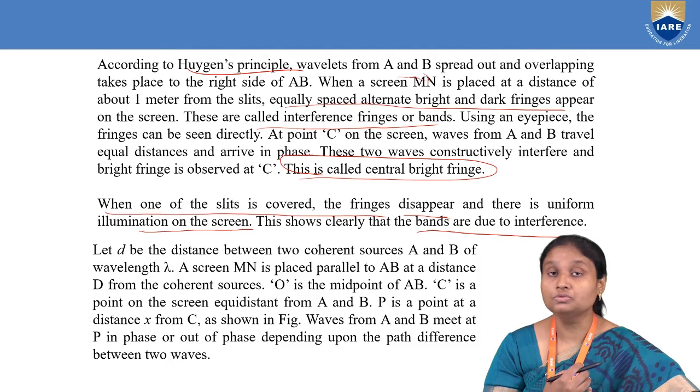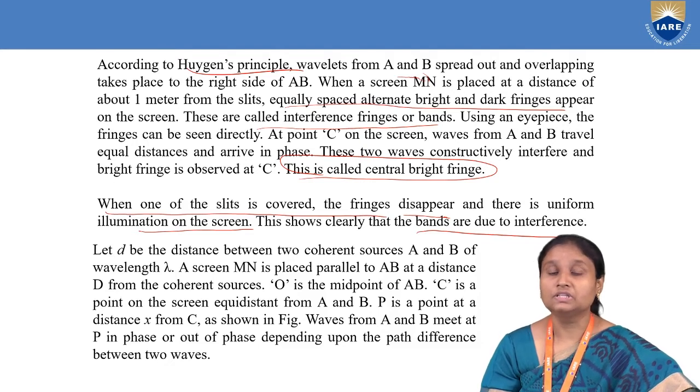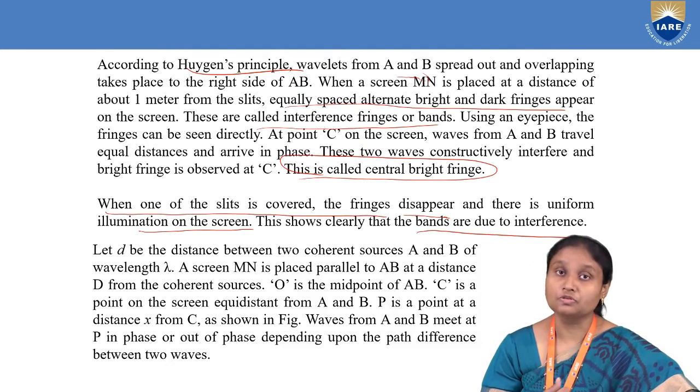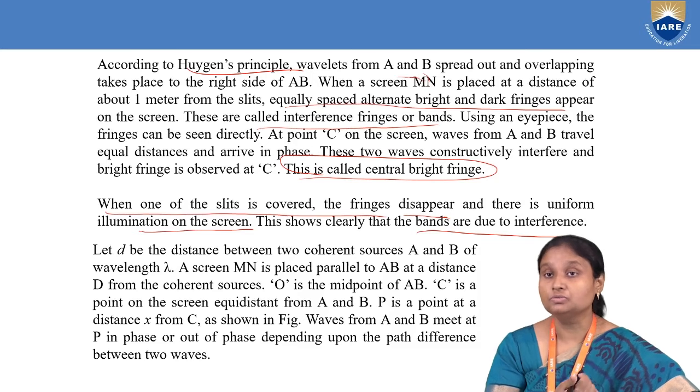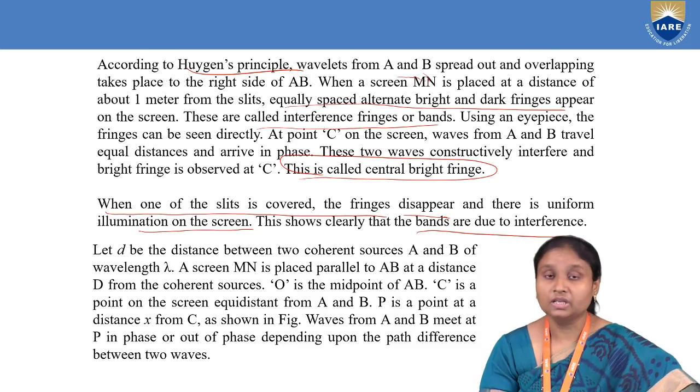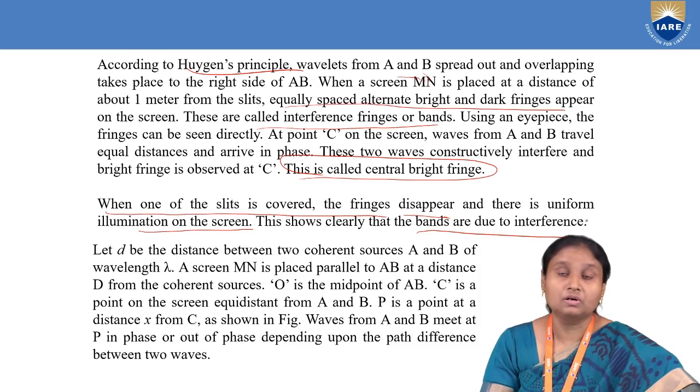Because there are no two coherent sources, there is no concept of superposition of coherent waves, or superposition of waves which are in phase with each other. That's why you will not see the formation of bands on the screen. Here, we are maintaining the two coherent sources. That's why we are able to get equally spaced alternate bright and dark fringes on the screen.